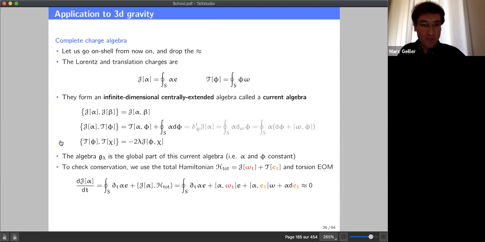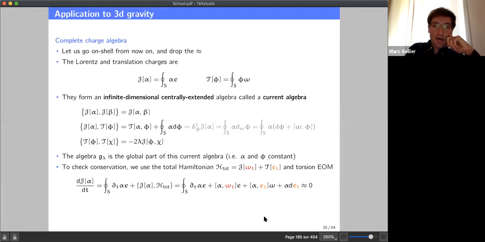Now, the last thing we can do explicitly, just to manipulate this and convince ourselves that it works, is that these charges are actually conserved on shell. One way to check conservation of, for example, the Lorentz charge is to use the fact that the time evolution is given to us by the total Hamiltonian.